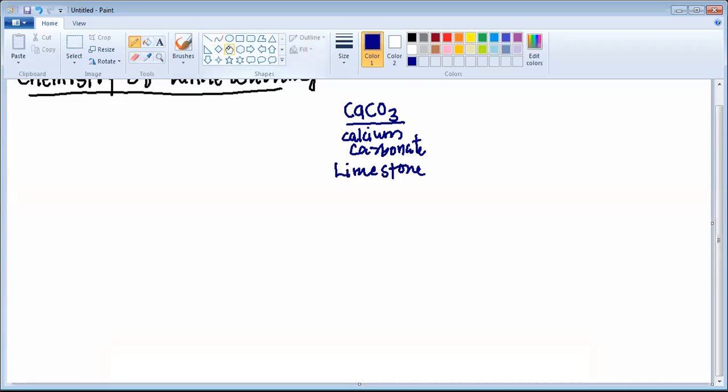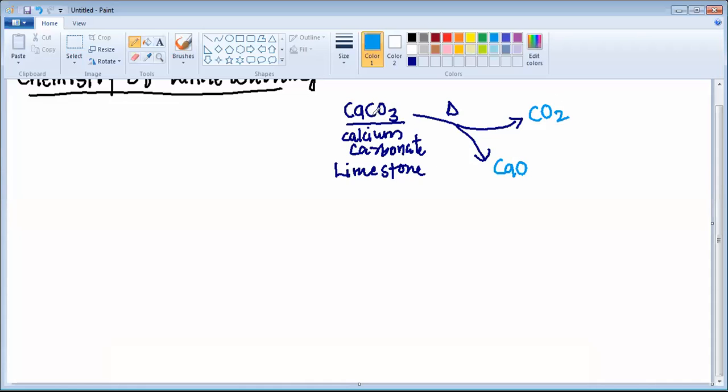Now dear students, when we heat this calcium carbonate, there are two products formed. The first product is calcium oxide and another product is carbon dioxide.